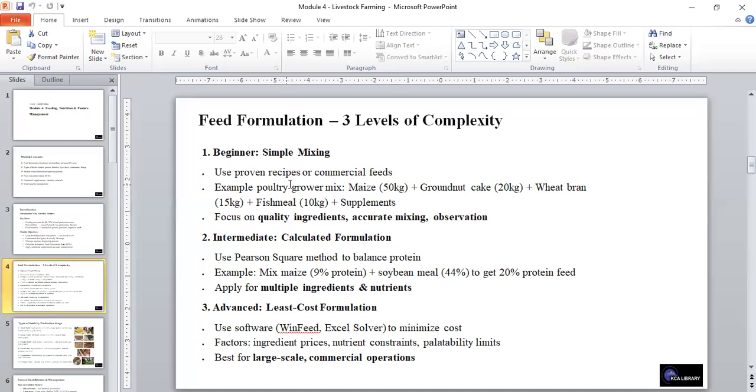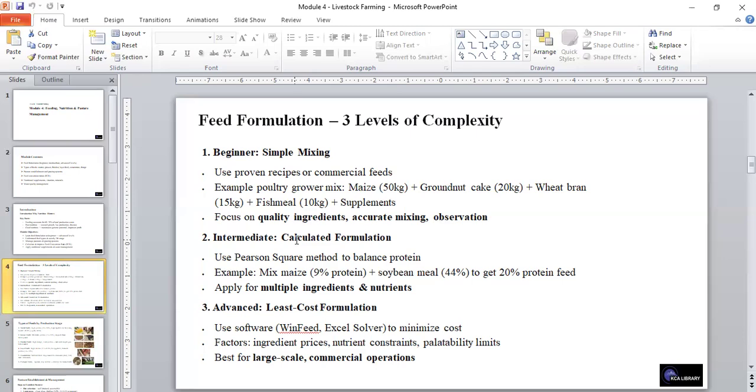So you use proven species recipe or commercial feeds. Example, poultry grower mix: maize 50 kg, groundnut cake 20 kg, wheat bran 15 kg, fish meal 10 kg plus supplement. So the focus is on quality ingredients, accurate mixing and observation. This does not really need much calculation. Just take those items and mix them together to give the animal feed.